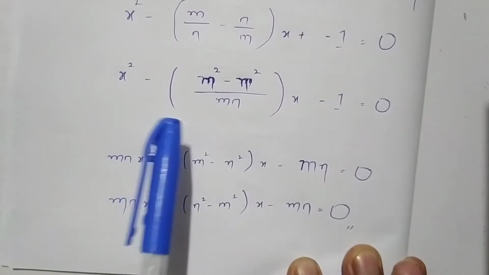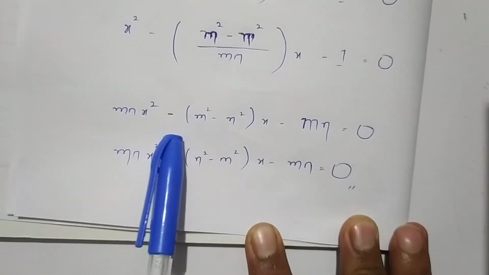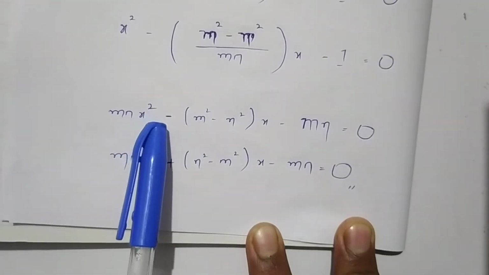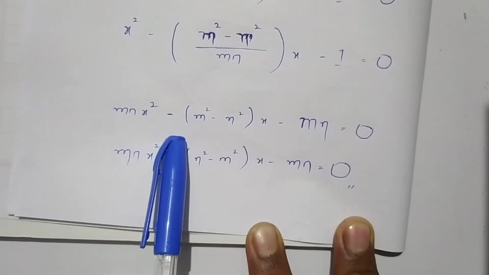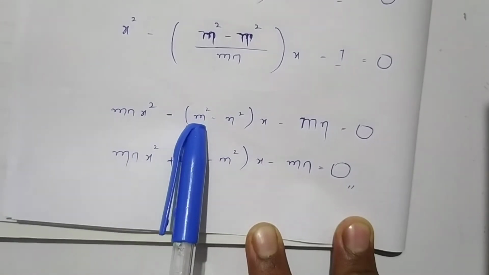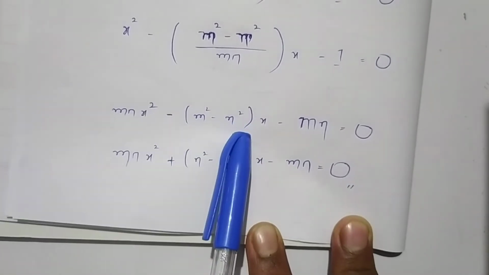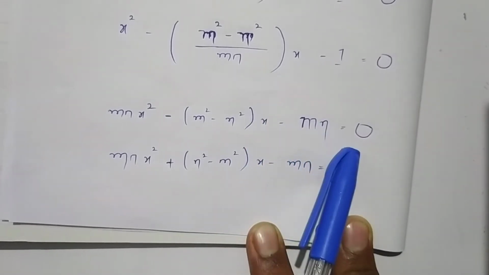On taking the whole LCM, we will get mn into x square minus (m square minus n square) into x minus mn is equal to 0.